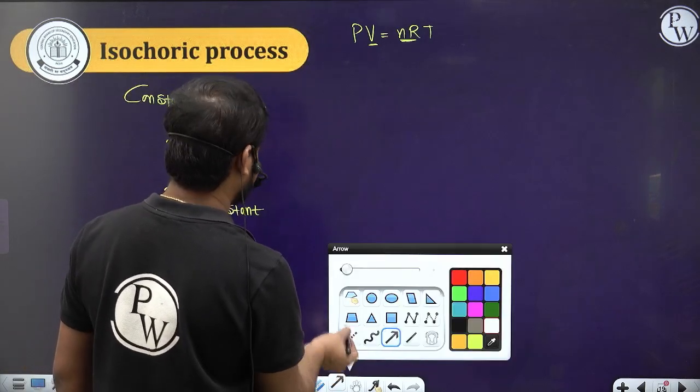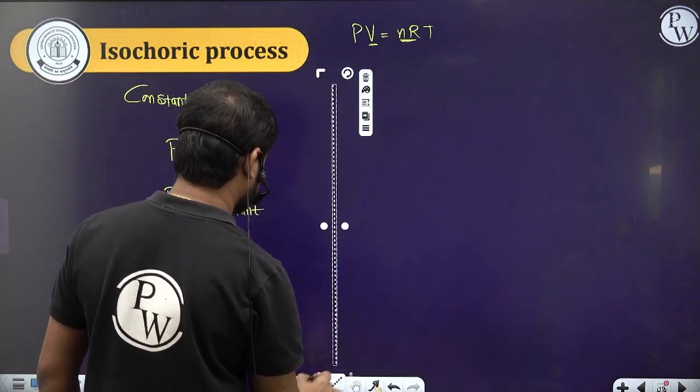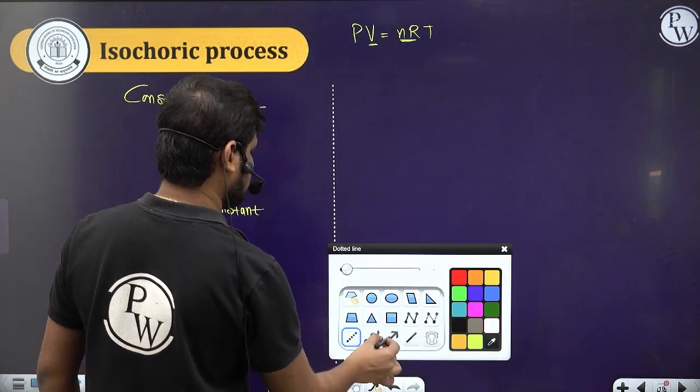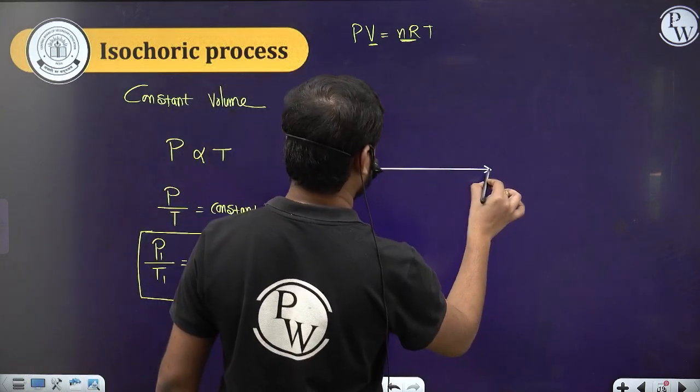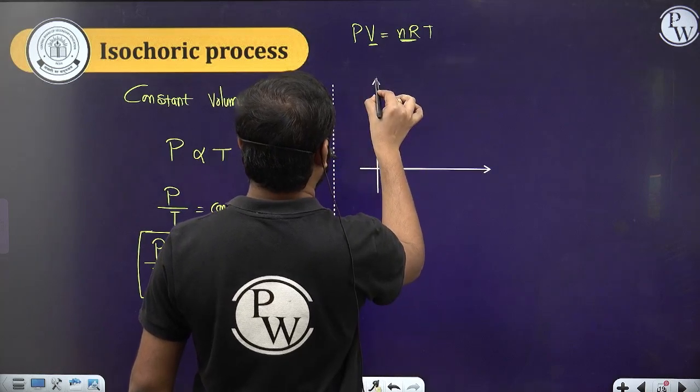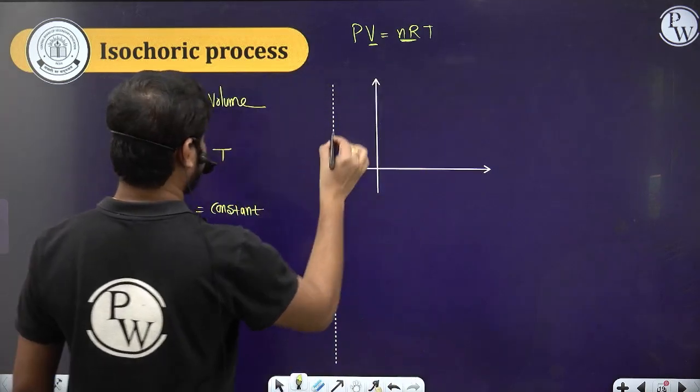Then draw the graphs. Which graphs do we have to draw? You guys already know. First let's draw the P versus T curve.